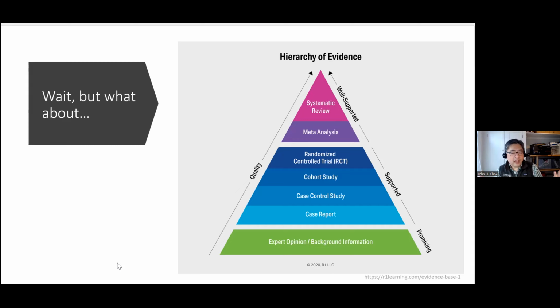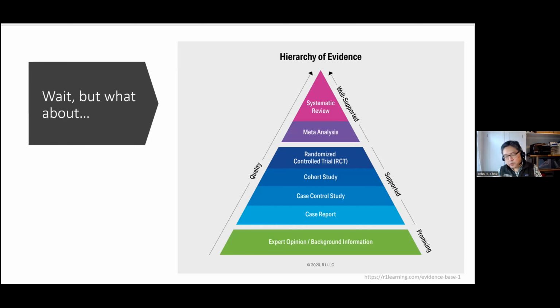This hierarchy of evidence idea is sometimes a little bit of a problematic representation, but every one of us probably had some presentation in medical school about evidence-based medicine that presented something like this. At the bottom of this evidence pyramid there is expert opinion and just people spouting off.